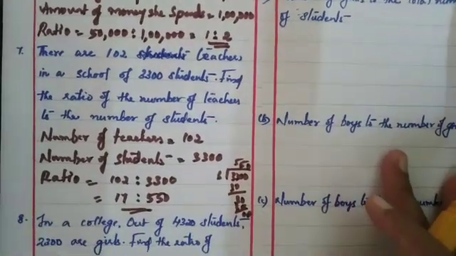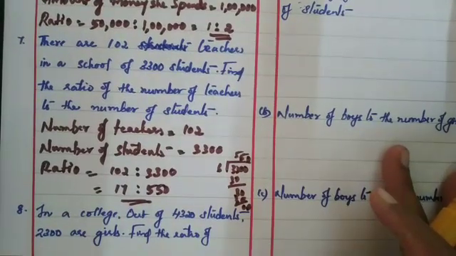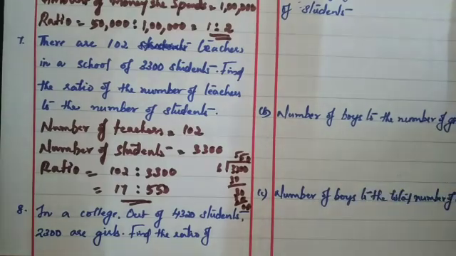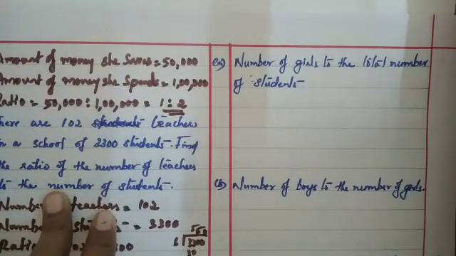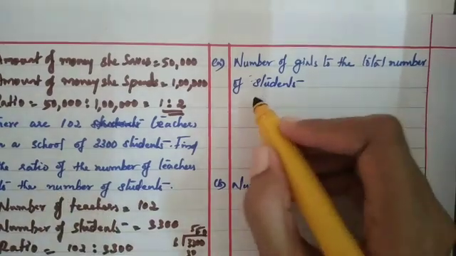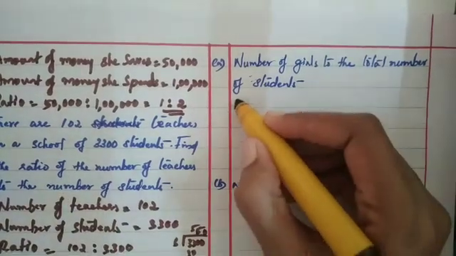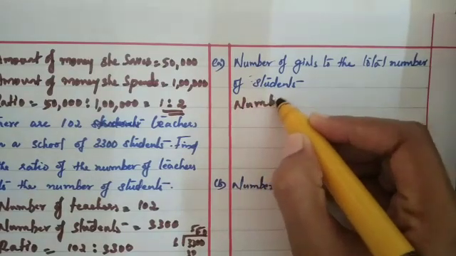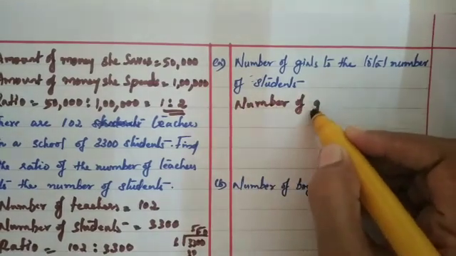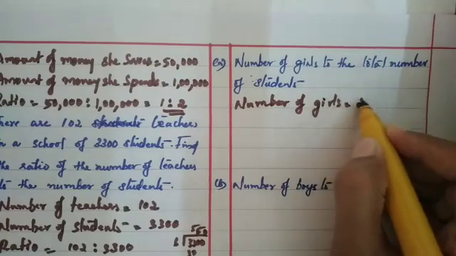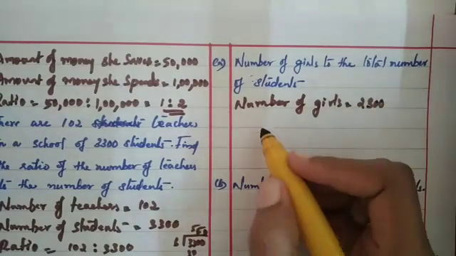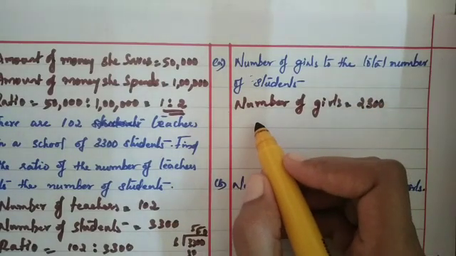The next question. In a college, out of 4,320 students, 2,300 are girls. Find the ratio of number of girls to the total number of students. First is number of girls. Number of girls, how much? It is 2,300. Then next is the total number of students.